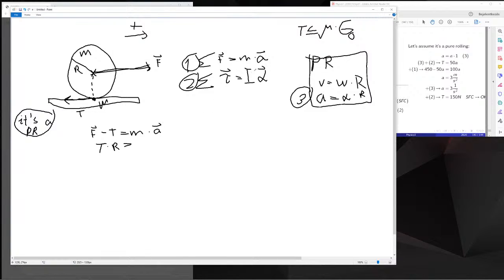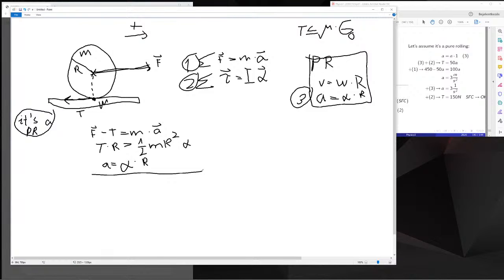That will rotate the body via the moment of inertia, which is 1 over 2 m r squared, and this is the alpha here. But we also know the condition for pure rolling, which we assumed: a equals alpha times r. Here we have 3 unknowns and 3 equations.